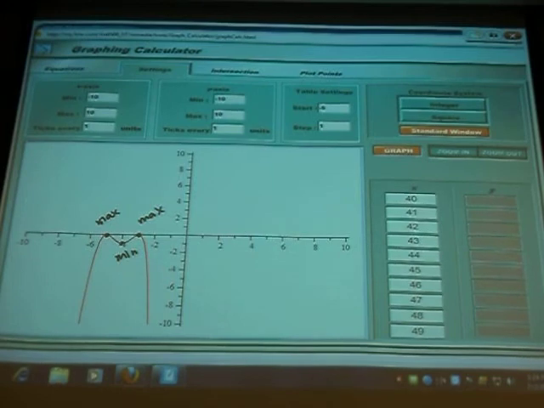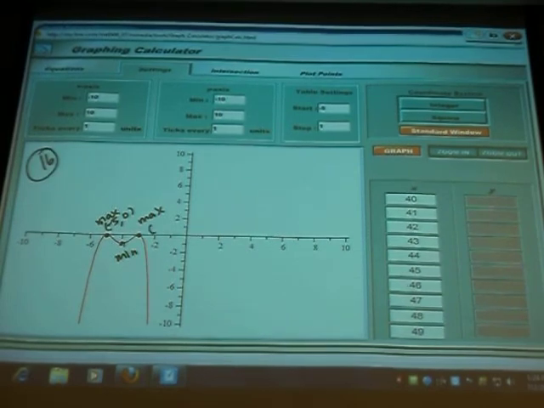Now if they're all whole number points, I can just figure out the coordinates from just looking at them. So the coordinates here are x is negative 5, y is 0. And here, x is negative 3, y is 0. And for the minimum, I can tell x is negative 4, and it looks like y is I would say negative 1. To make sure, you could probably just put in 4 in that.